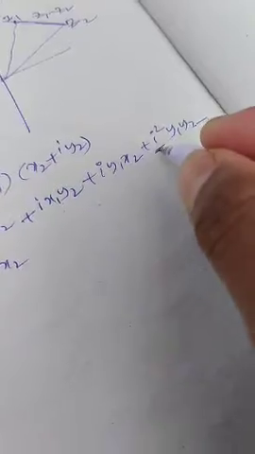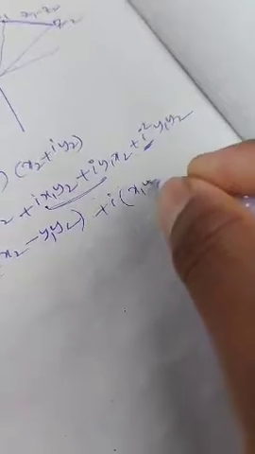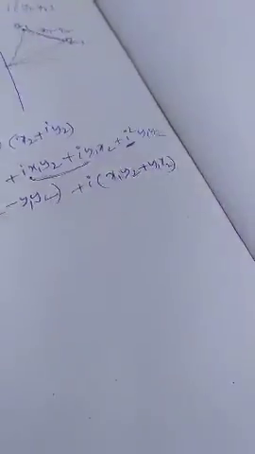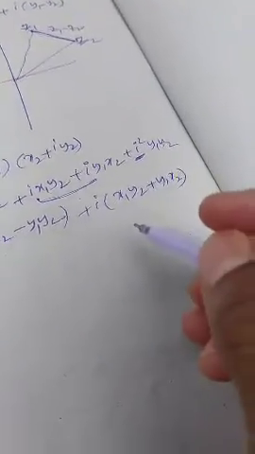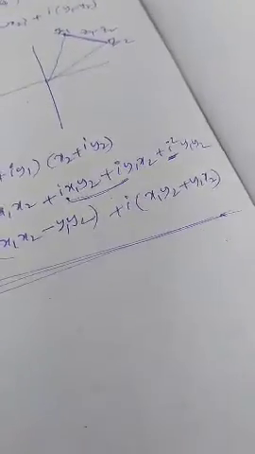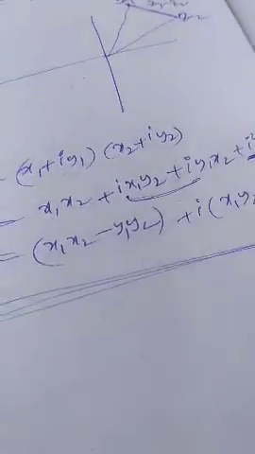We know i squared is minus 1, so by putting minus 1, the real part is x1x2 minus y1y2. Taking i common from the other two, the imaginary part is x1y2 plus y1x2. So this is the product. This is the procedure to multiply two complex numbers. Based on this, you solve the next exercise.